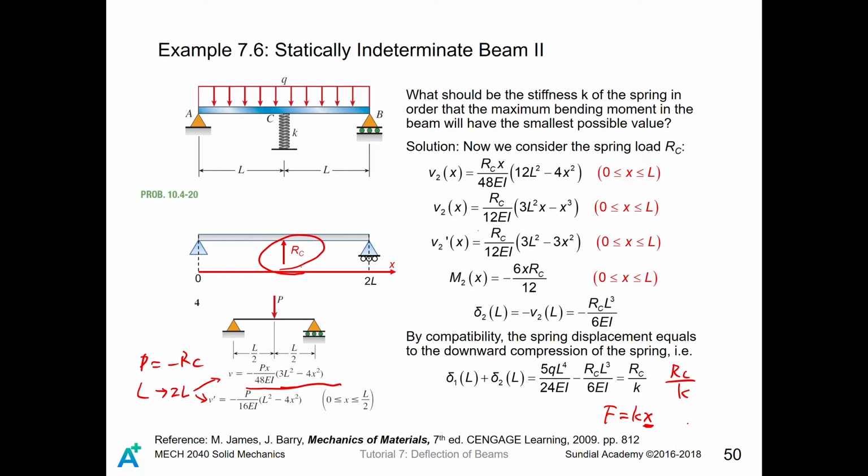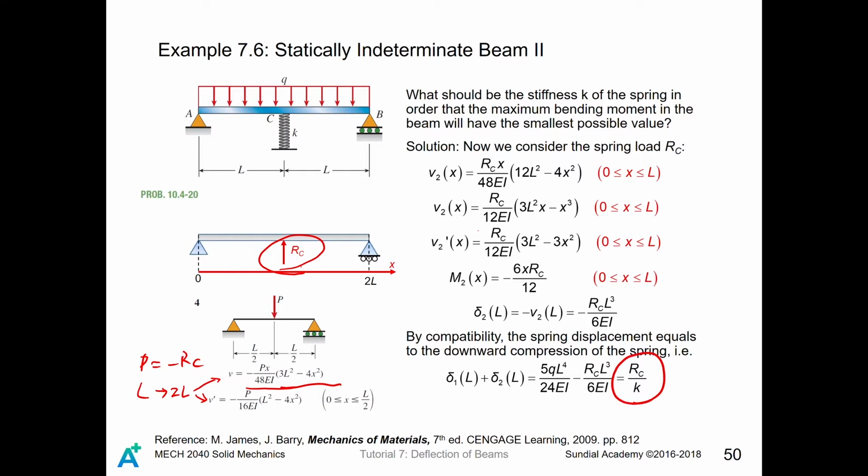So if we rewrite this to be RC equals K delta L, then delta L is just RC divided by K, right? So you can write this compatibility equation, which will be important for our derivation in the later stage. So delta 1 is this, delta 2 is this. Once they're added together, you will get the deflection of the spring, which is RC divided by K.